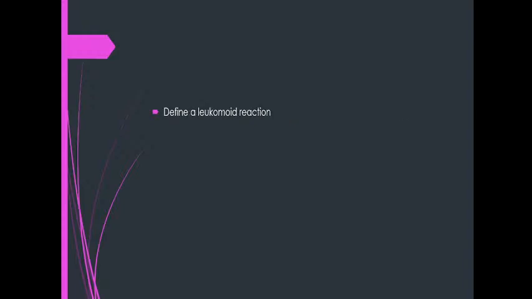Now, define what is a leukemoid reaction. Basically, it's an accelerated leukocytic response to a microbial pathogen. Okay? And there is no neoplasia. There's no neoplastic cell. Right? It's not cancerous. Now, what reagents do we use for LAP score analysis?